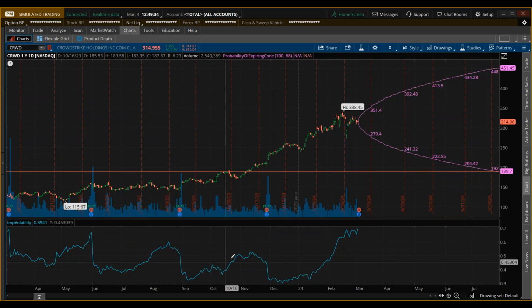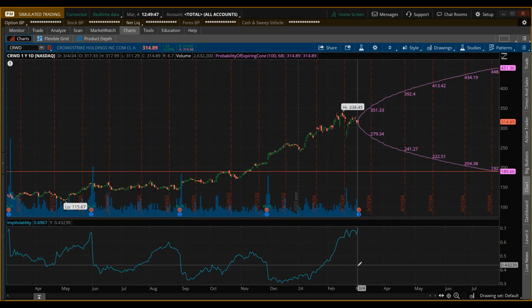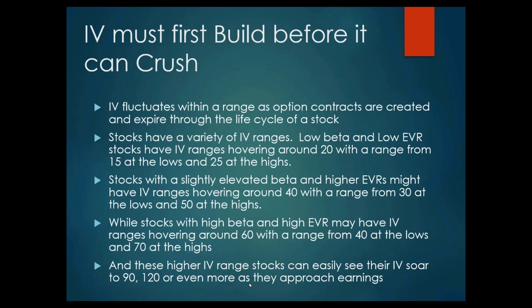Okay, IV builds, comes to the earnings, and it crushes. Tomorrow after the close, or Wednesday morning, you will see a huge spike down.